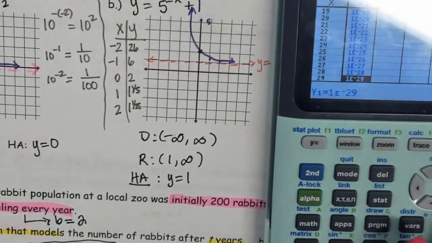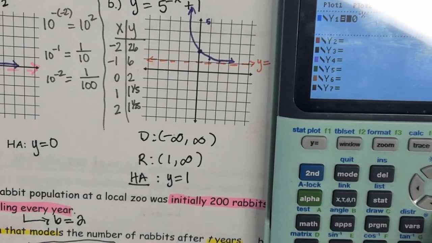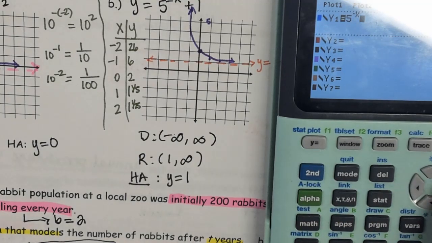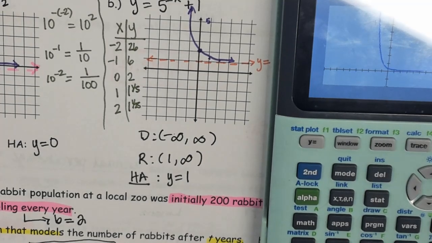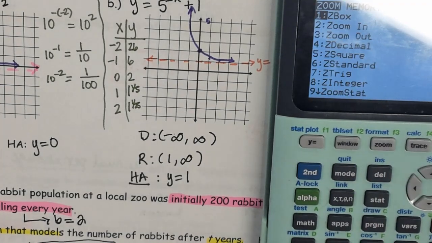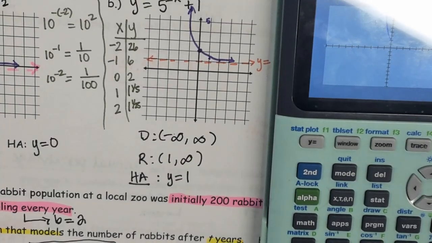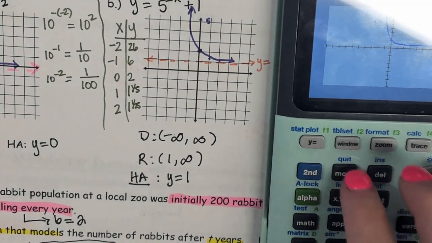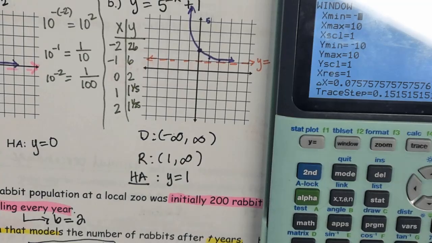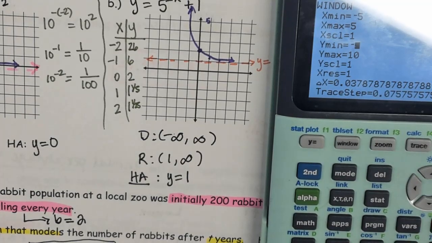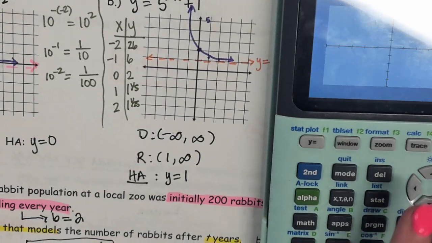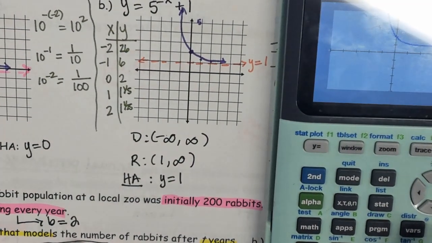Okay, and then for the second one that you guys completed, you had 5 to the power of negative x, and then you have this plus 1 here. So when you guys looked at your graph, I'm going to go back to my standard window. Actually, I can also do the negative 5, 5, because that's what your grid was, and then you could choose to change that if you wanted to.